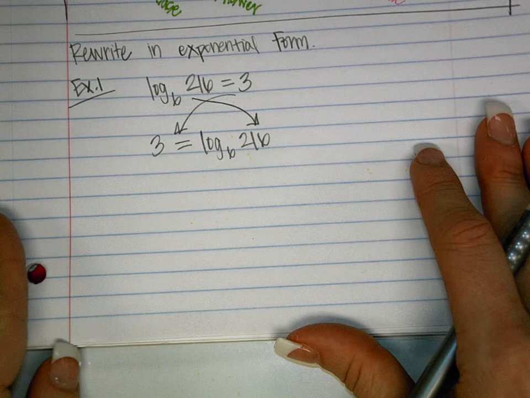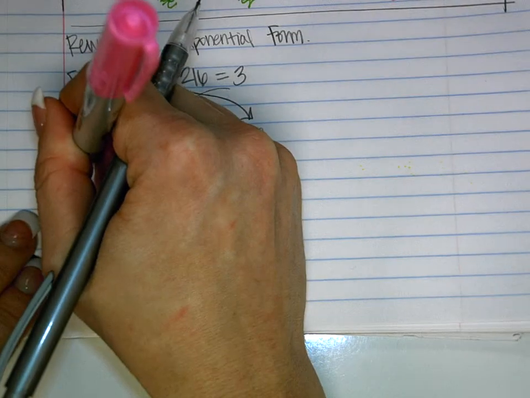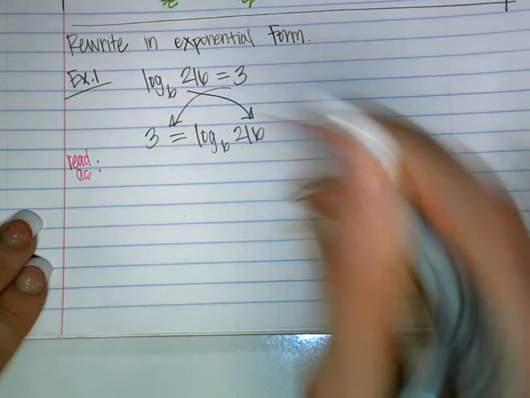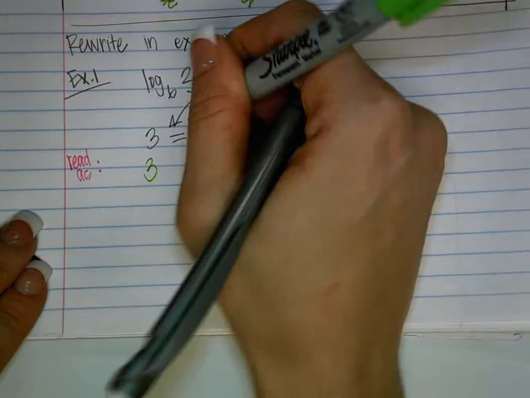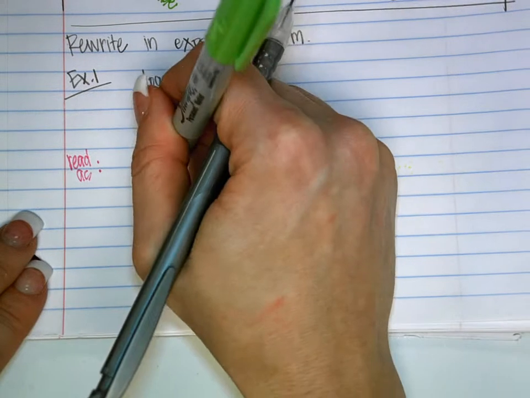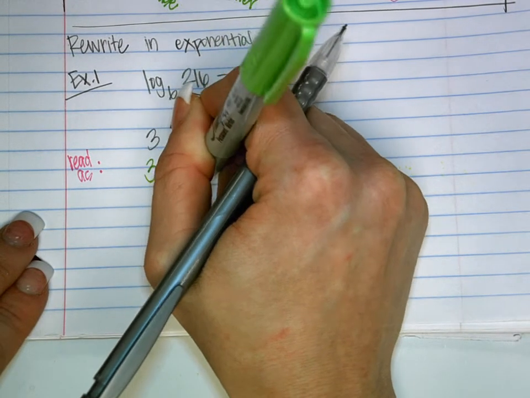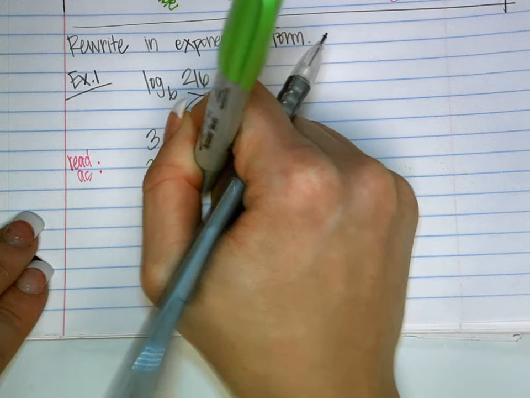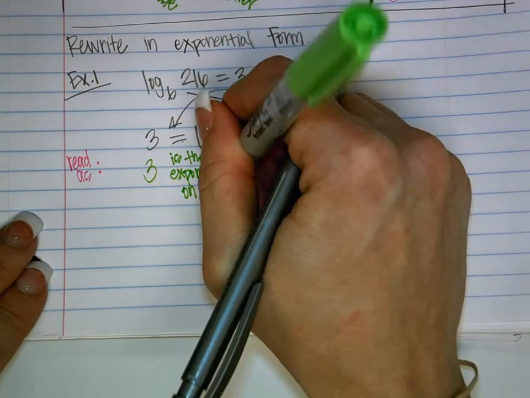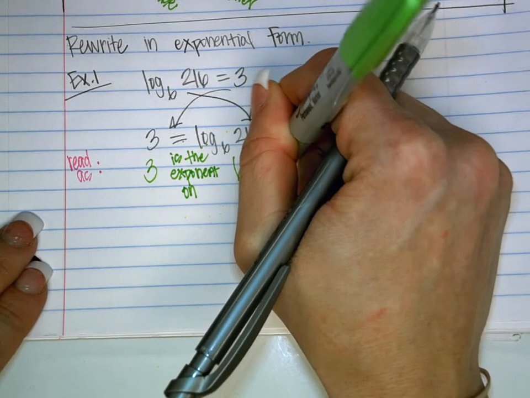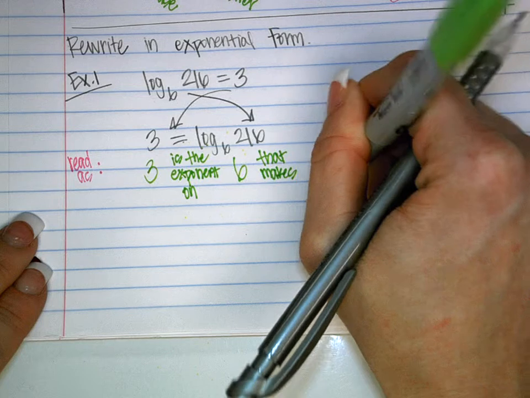Now the way we write this is I want you to literally read that equation as: 3, if you see equals log, we say is the exponent on 6 that makes 216.